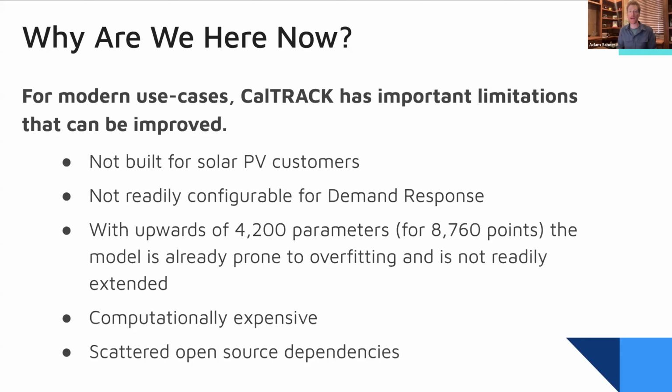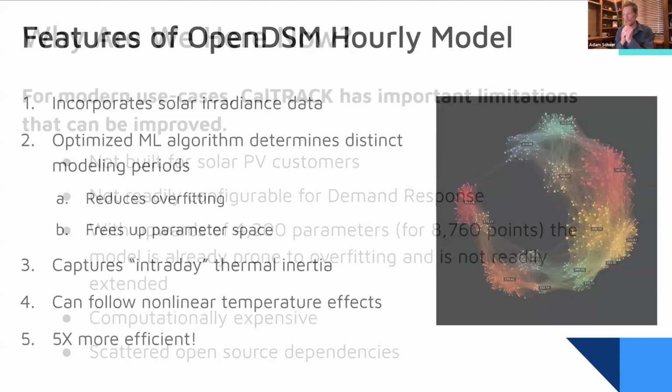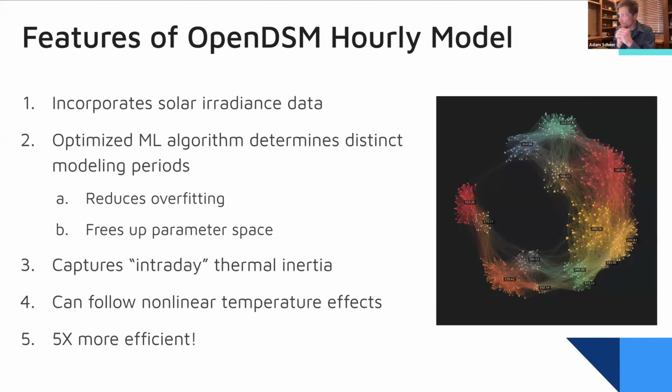So we actually need to free up some of the parameter space, so to speak, in order to create a more flexible modeling framework that can handle a lot of the modern use cases. CalTRACK was also computationally expensive. We'd like to reduce the burden on the users of this package. And we'd like to consolidate a lot of the open source dependencies under that OpenDSM umbrella instead of having them scattered about.